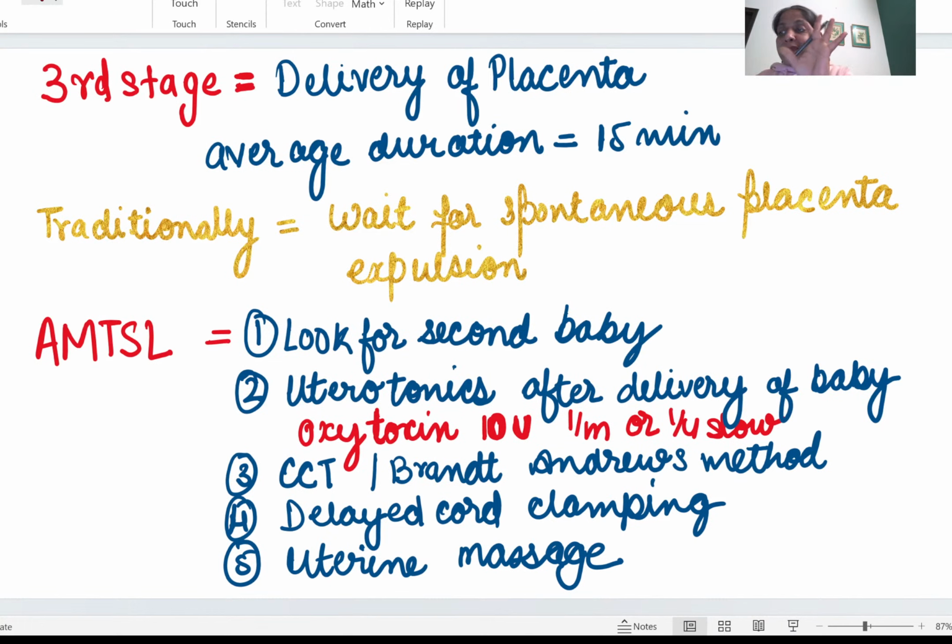So there are 5 steps in the active management of the third stage of labor, and you have to remember this sequence. That was asked in the November INI-SET 22 exam. Look for the second baby, then give uterotonics, then do controlled cord traction by the Brandt Andrews method, then clamp the cord by delayed cord clamping, and then uterine massage.